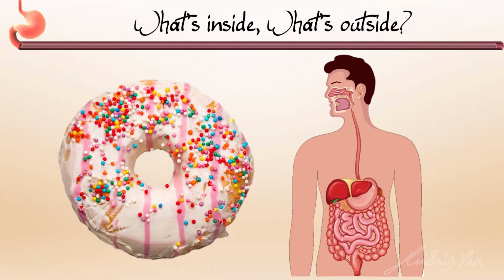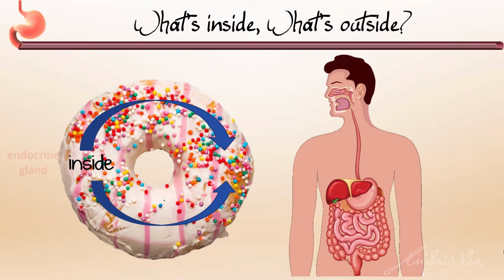For glands that secrete chemicals into our bloodstream, it is something like secreting chemicals throughout the part of the donut which you can consume. So those glands are called endocrine glands. We are not going to touch on it in this chapter, but basically endocrine glands secrete chemicals into our bloodstream.